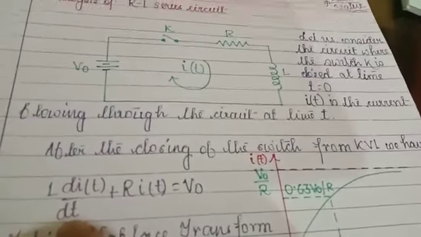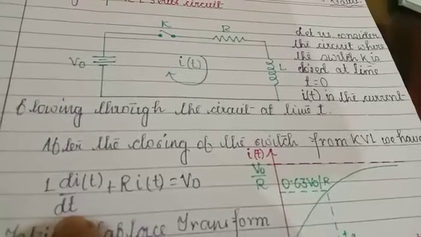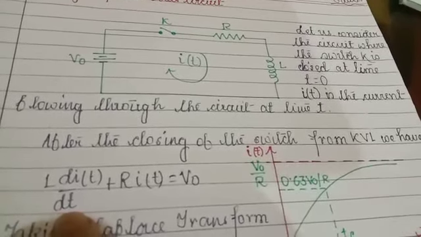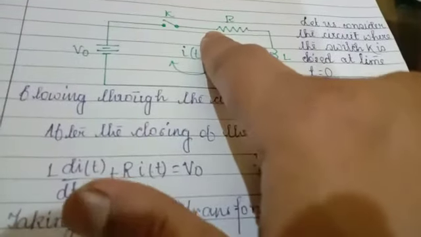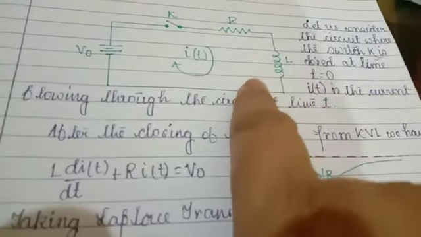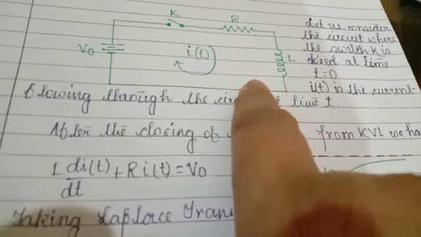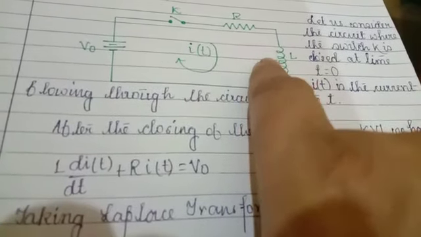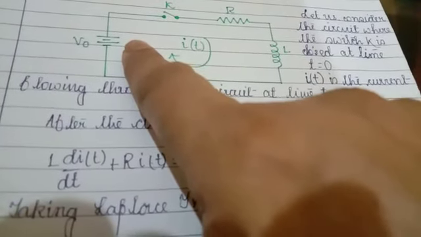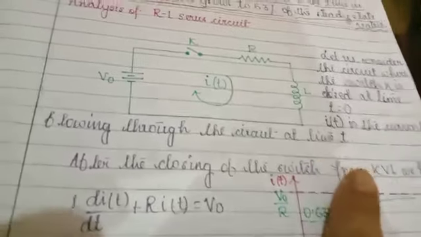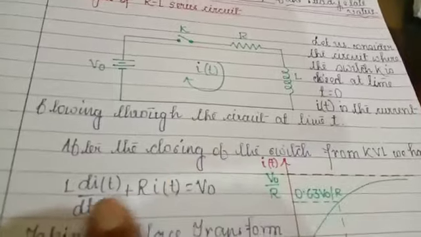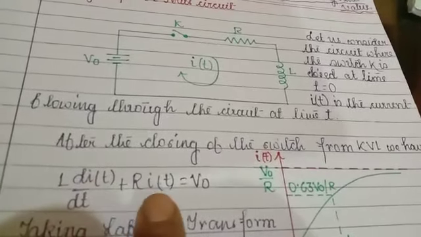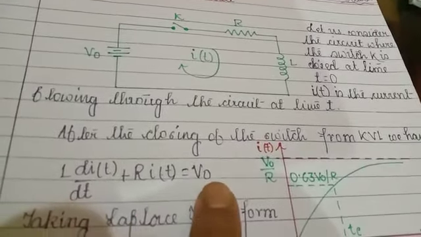These things you already know from your basic electrical engineering course. The sum of the drop across the resistance and the drop across the inductance will be equal to the supply voltage, and that is what Kirchhoff's voltage law says. So it will be L di/dt plus R i(t) equals V0.